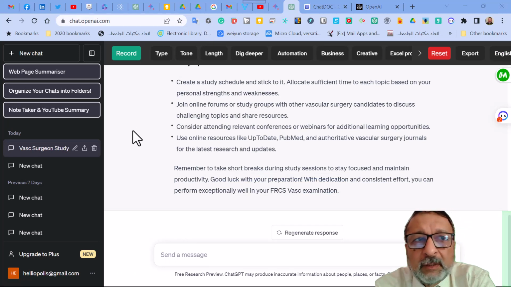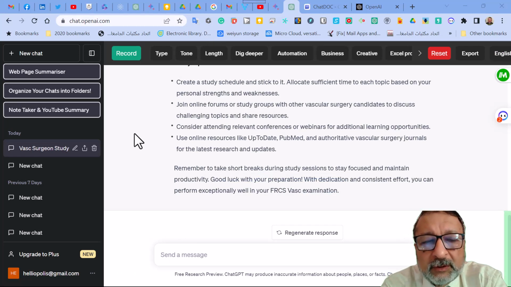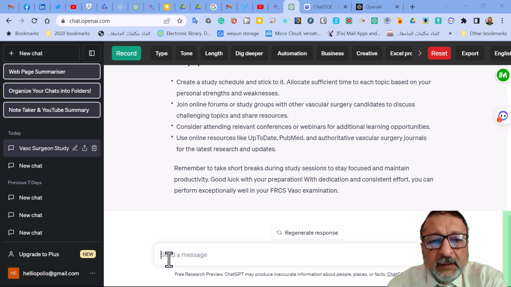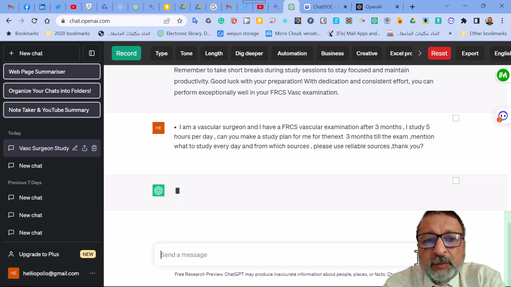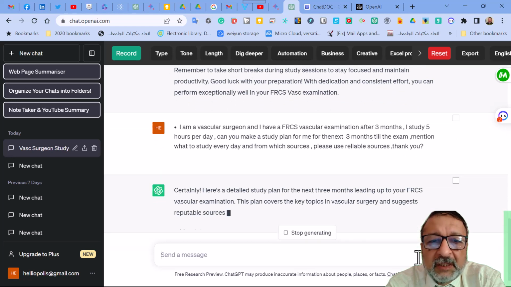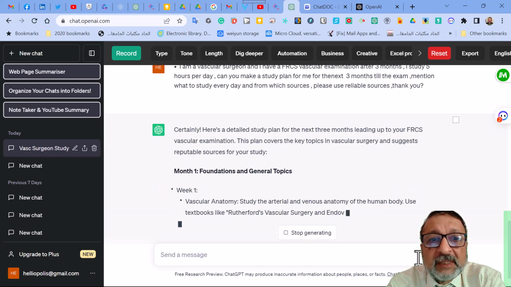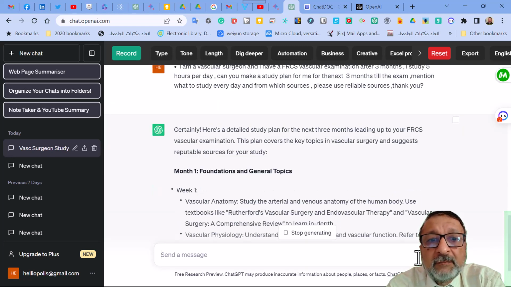Now let us go to the last option, which is ChatGPT. You open ChatGPT, you put your question and you push for a reply. Again, it takes some time, 10 seconds. Here is the foundation for the first month and the distribution.